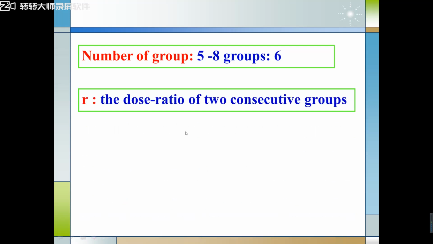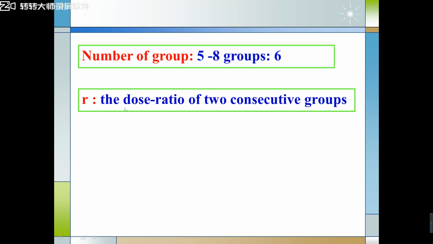And then the ratio. R is the dose ratio of 2 consecutive groups. What's the meaning? Just now we explained 2 consecutive groups. So the dose of the second group compared to the first group, this ratio is the R value.